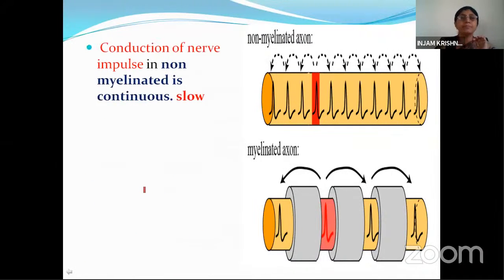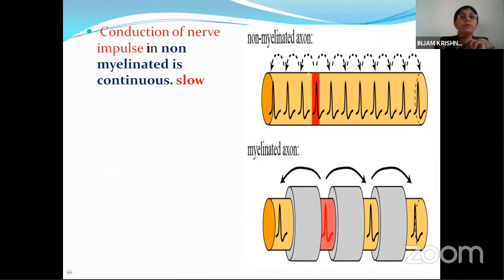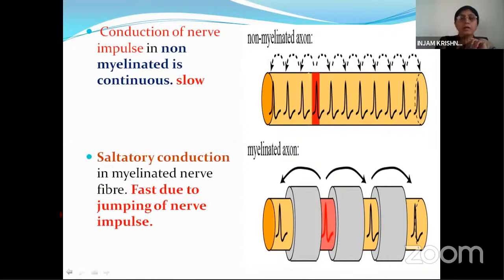Here we can see conduction of nerve impulse in non-myelinated axon is continuous, and in myelinated axon it is fast due to jumping of the nerve impulse. Here continuously it passes on; here jumping.